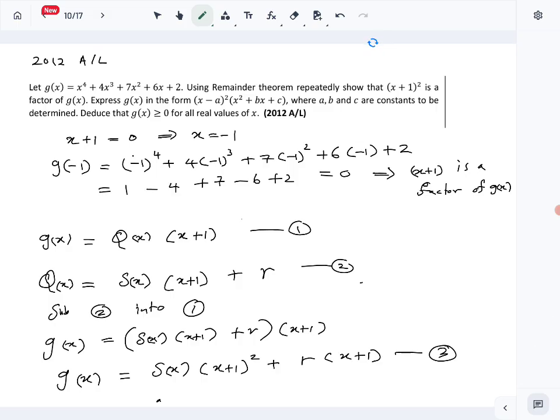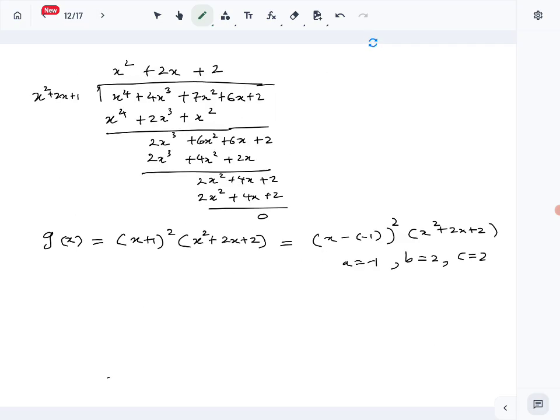Then deduce that g of x is greater than or equal to 0 for all real values of x. Right. So we have to show this is greater than or equal to 0.